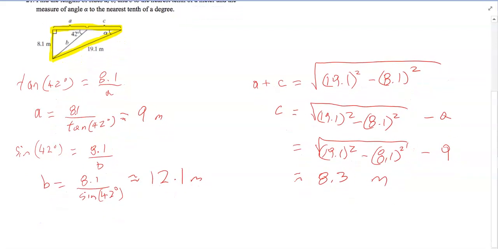Okay, the last thing we want to find is our angle alpha. Right here, we know two sides of this right triangle, the hypotenuse and the opposite. So you could do sine of alpha equals opposite over hypotenuse. So that would be equal to 8.1 over 19.1.